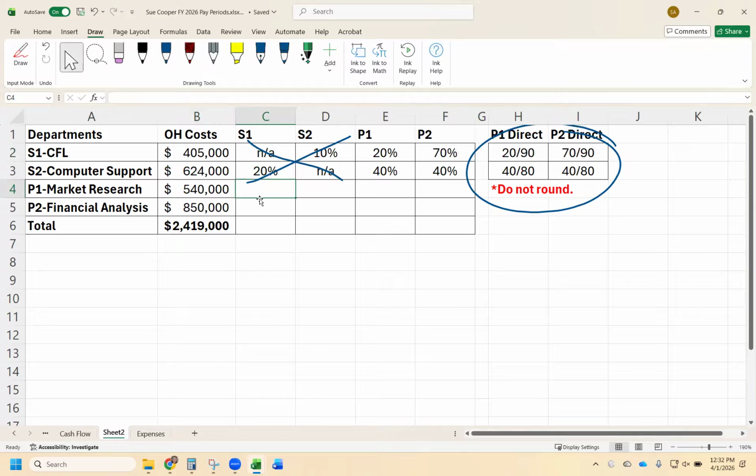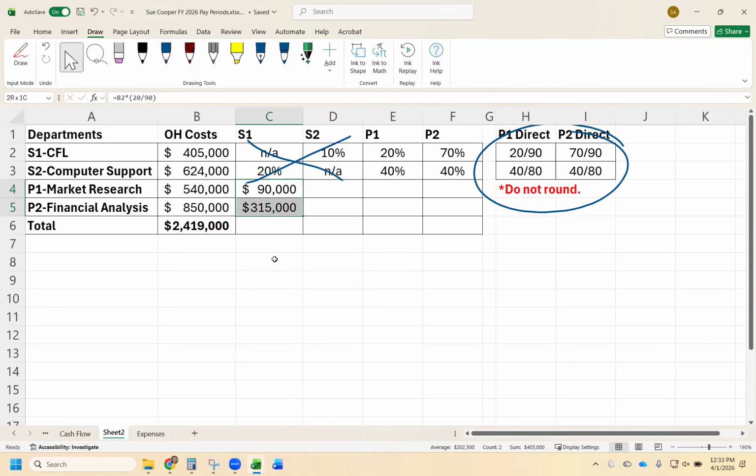So I've got S1, so that's this first one, is going to allocate 405 times 20 divided by 90. So that's the allocation percentage over there. And then for S1 to P2, it's 70 over 90. So I will do 405,000 times 70 divided by 90.